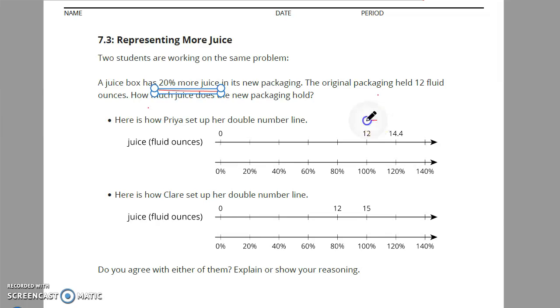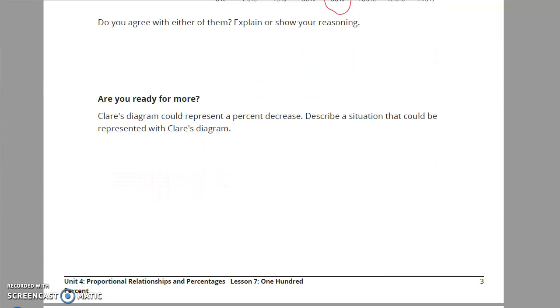They've already written our 100% here, as well as shown the 12 over here. Please pick which one you agree with, or if you don't agree with either. Who is representing the correct way? Please explain your reasoning, and then hit pause.